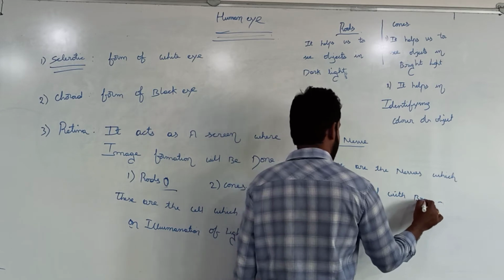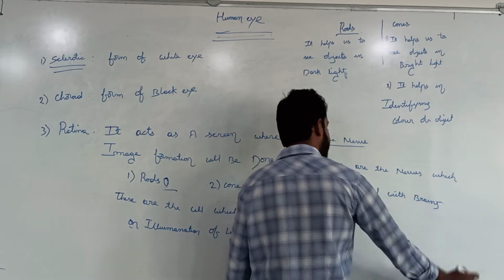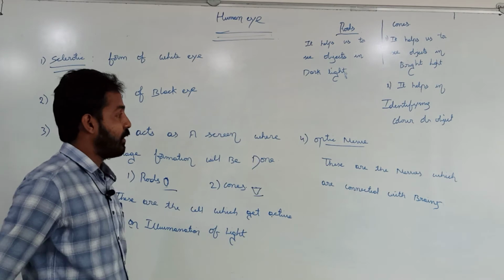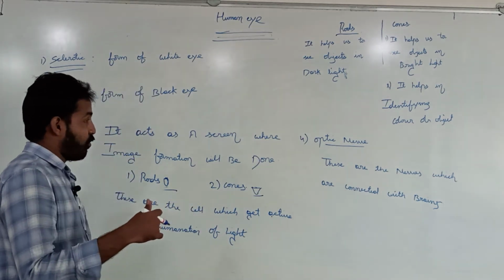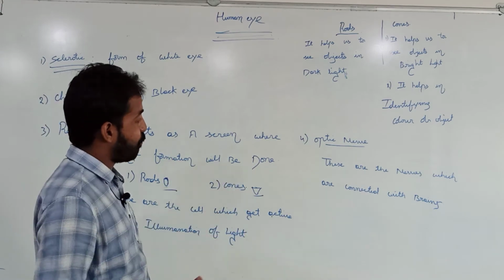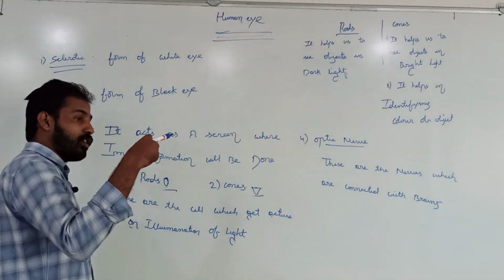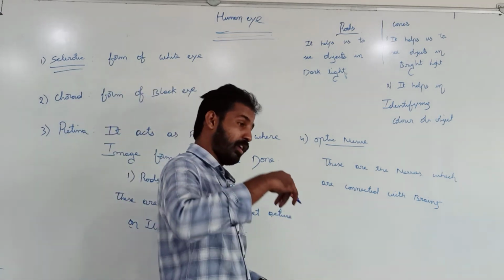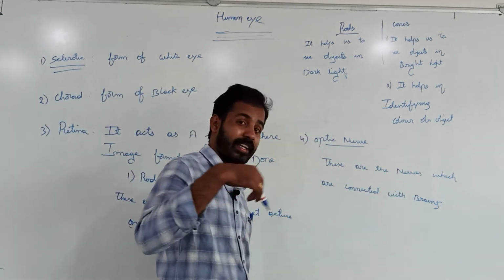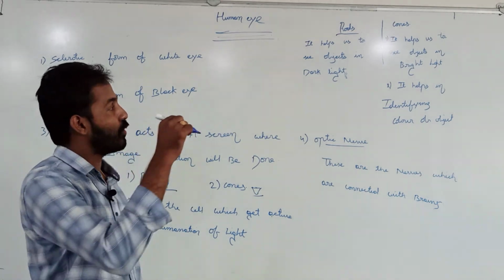So these nerves will send the signal to the brain. If I am talking about the eye, I have shown you the optic nerves. The optic nerves are those nerves which are connected with the brain, so that they are able to send the signal to the brain.